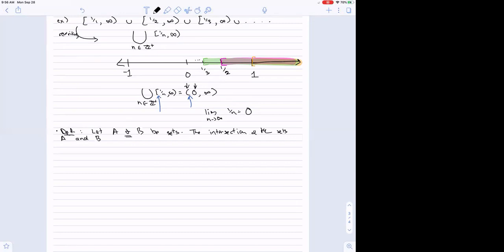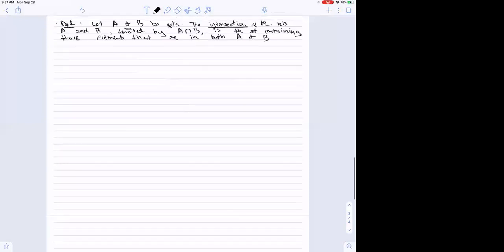The intersection of the sets A and B, denoted by A intersection B, where we have an upside down U for intersections, is the set containing those elements that are in both A and B. So for unions, we had "or", and for intersections, we have "and".